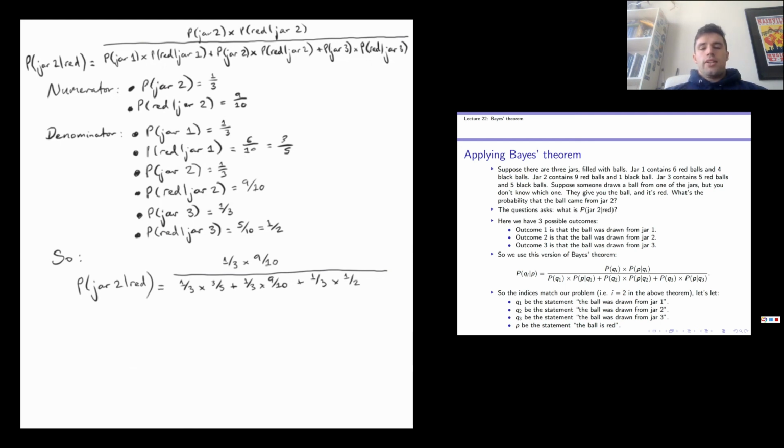And if we calculate those values, we find the right-hand side is equal to 9/30 divided by 3/15, plus 9/30, plus 1/6. And any calculator, or your head if you do it right, will tell you that this whole thing is equal to 9/38, which is 0.24 when we round it.